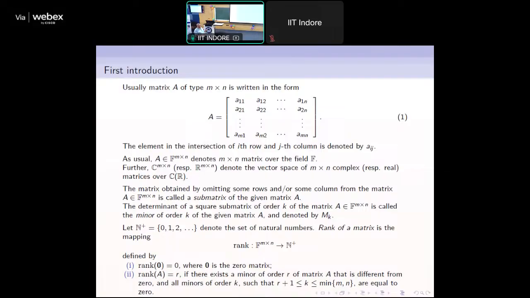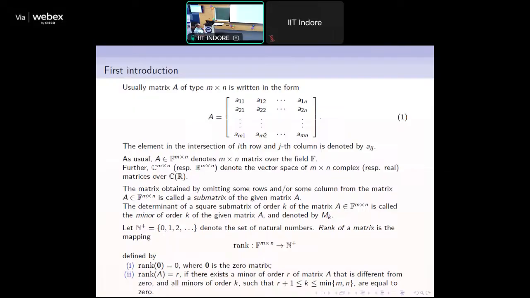Here I will present a very short introduction to matrix theory, and then we will start with the generalized inverses. I suppose you are familiar with all notions and notations which I will present here, but I will repeat them shortly for your introduction.